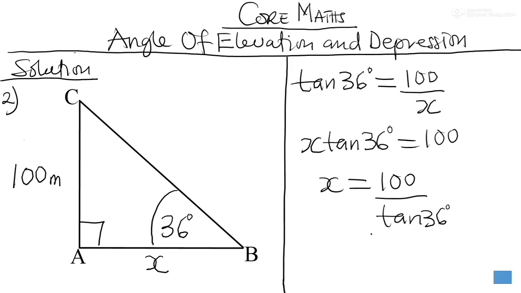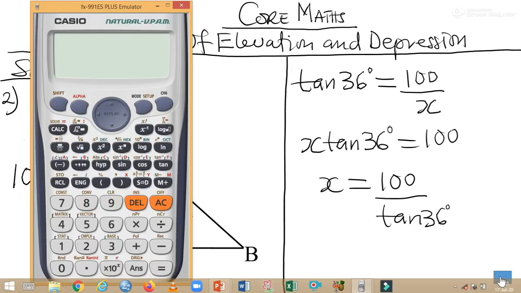Okay, 100 over tan 36 degrees. So here we will need the calculator. So let's get our calculator. Good. So we have to punch the same thing as we see there. So we have 100 as the numerator, and then our denominator will be tan 36.